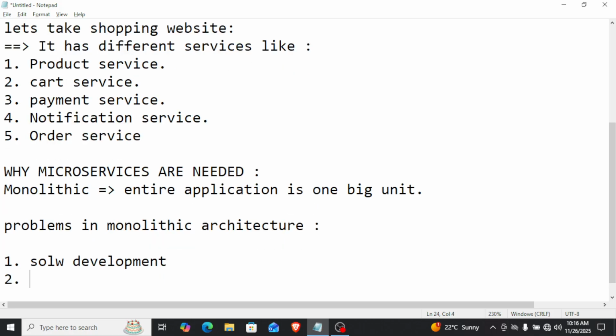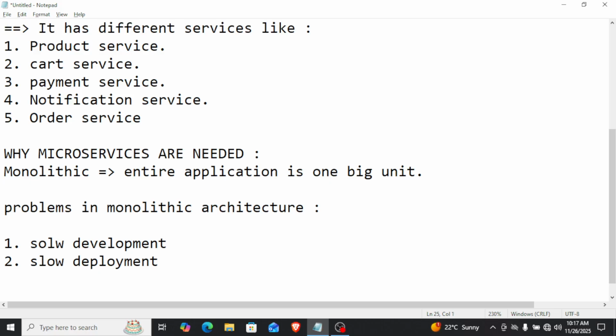The second problem is slow deployment. A small change requires deploying the whole application. When you make any small change, you need to deploy the entire application in the cloud. So, slow deployment.